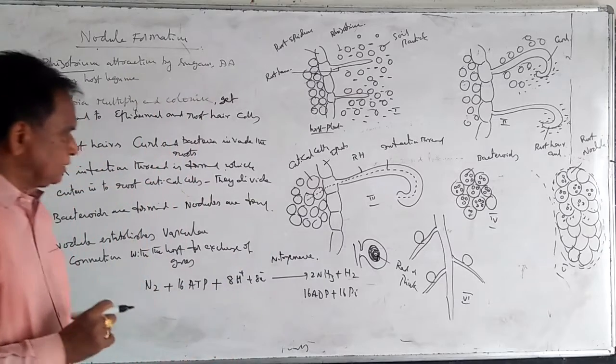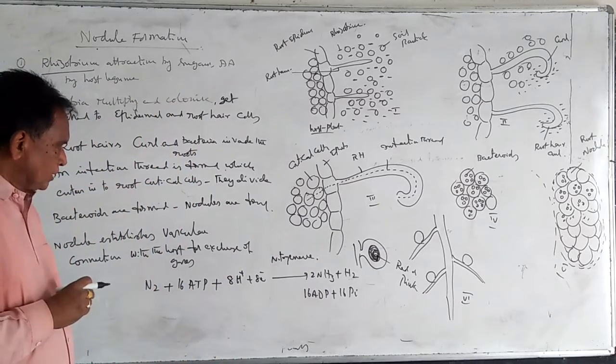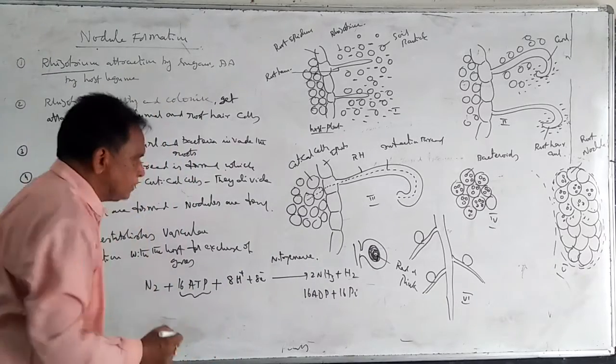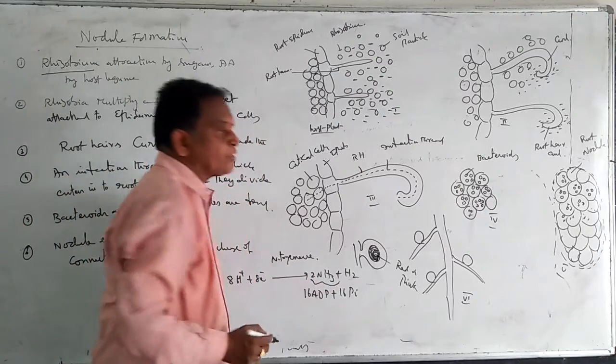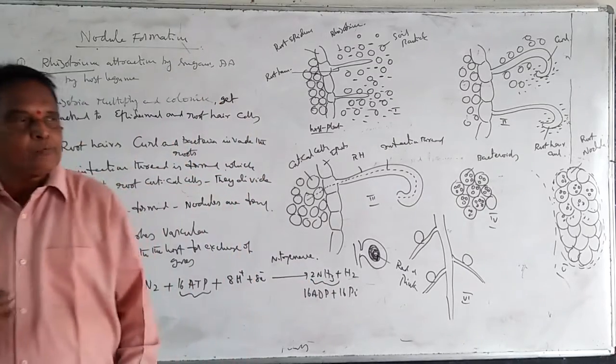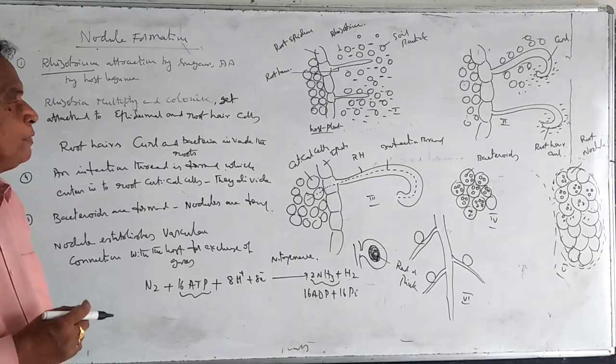So nitrogenase is very essential for this process. 16 ATP molecules are required for the formation of ammonia. So for a single ammonia formation we require 8 ATP molecules.